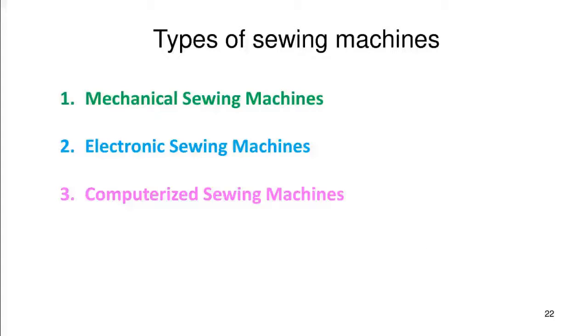Types of sewing machines. So number 1 is mechanical sewing machine, number 2 is electronic sewing machine, and third is computerized sewing machines.